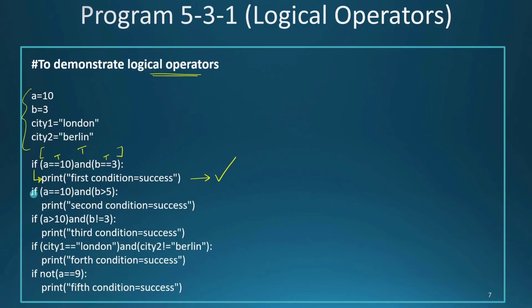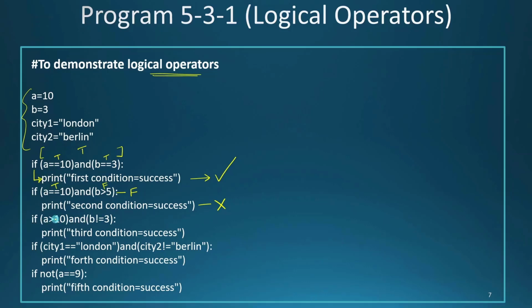Now the control will go to the next if statement. There I will check whether a is equal to 10, that is true, and b greater than 5 is false. It's an AND operation between them, so the final result will be false. So the print statement will not be printed in the result. We will not see second condition success. Now the control will go to the next if condition check.